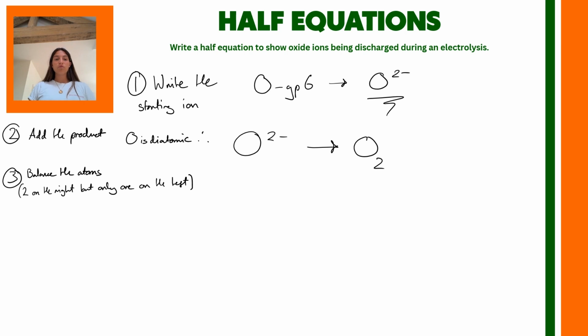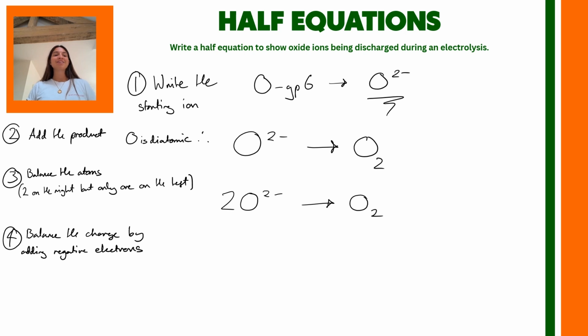So 2 on the right at the minute from that O2, but there's only 1 on the left. So I need to put a 2 in front of my left-hand side. And now, finally, I need to balance the charge. And I do it by adding or taking away electrons, by adding some negative electrons to the side of my oxygen.